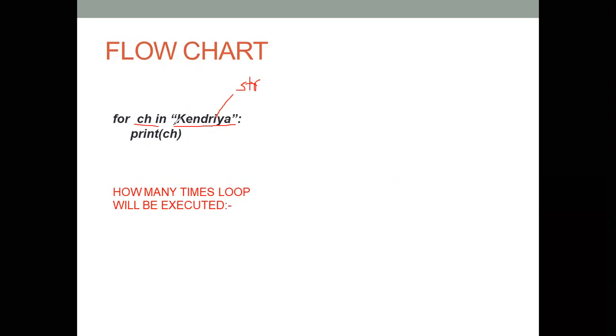The first time it will take K, then print K. The next time again E, because we are using the membership operator, then E, then the next one is N, then D, R, I, Y, A, and so on.